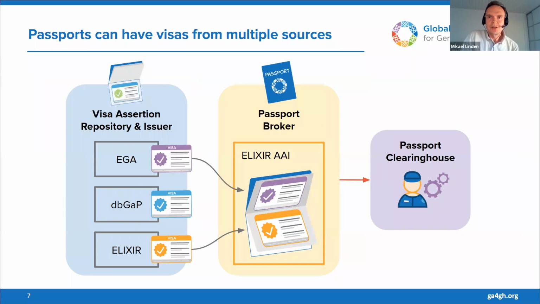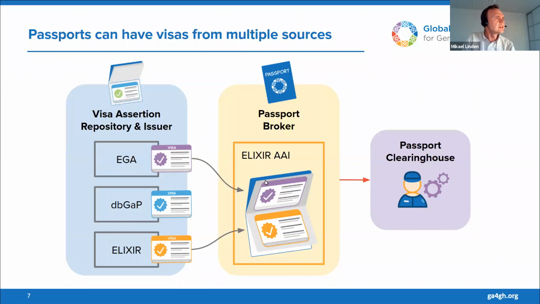Hey, good evening. I'm Mikael Linden from the Finnish ELIXIR node, and in ELIXIR we operate one of the passport brokers. It's called ELIXIR AAI, ELIXIR Authentication Authorization Infrastructure for the ELIXIR community. One of the cornerstones of this passport architecture is that a passport can contain visas from several sources.